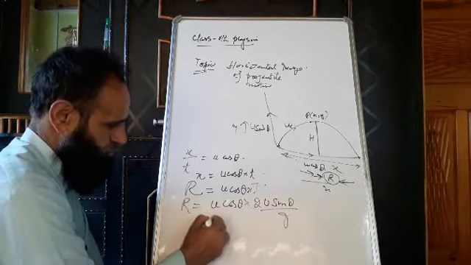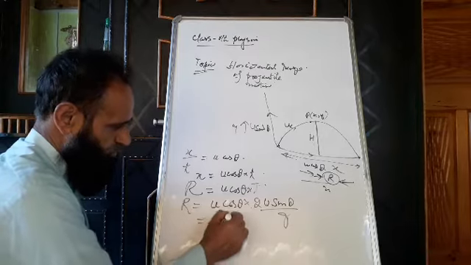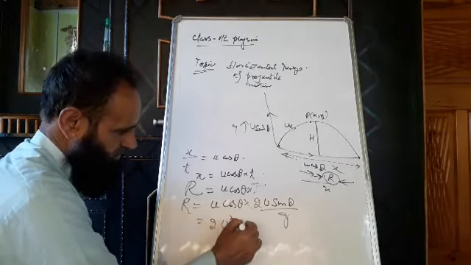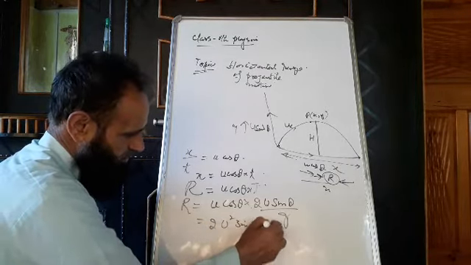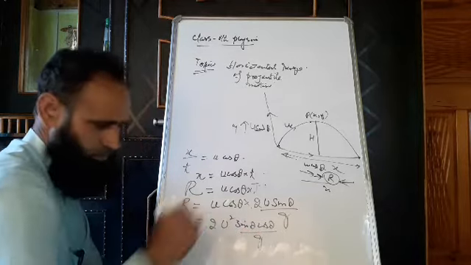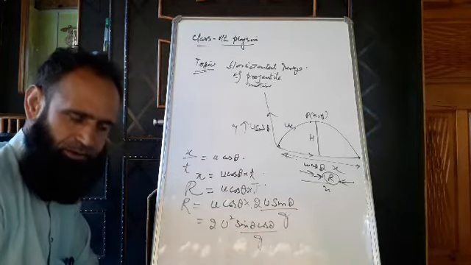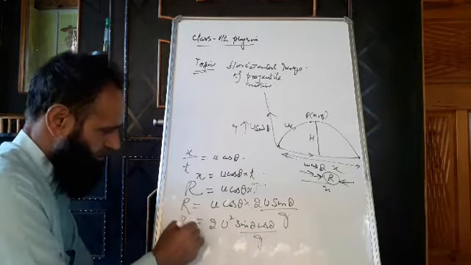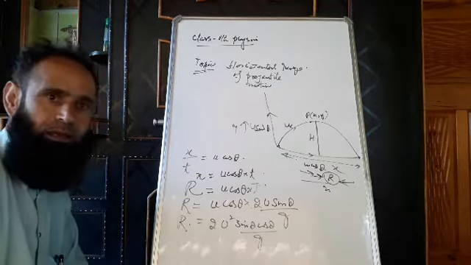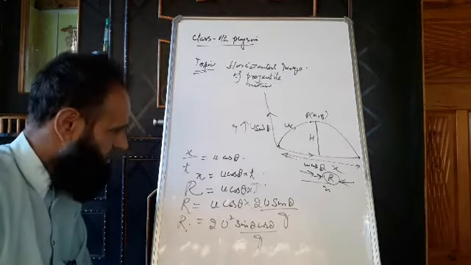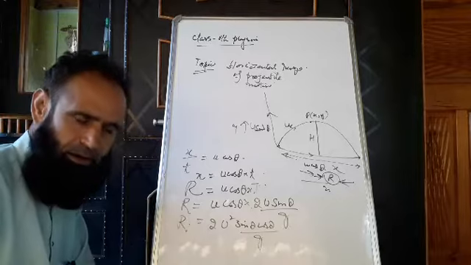So we get 2 u into u, that is u square, sine theta into cos theta, divided by g. This is our equation for horizontal range.